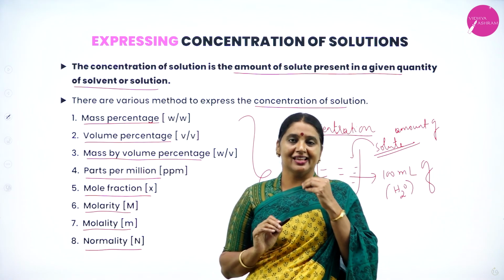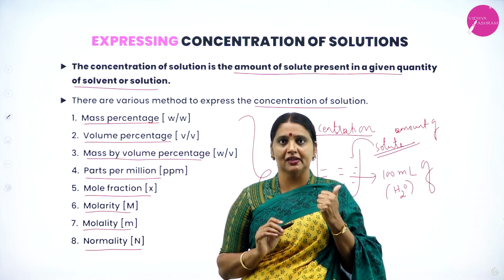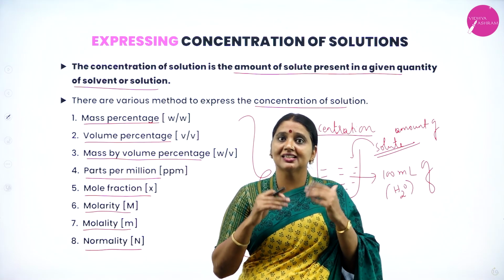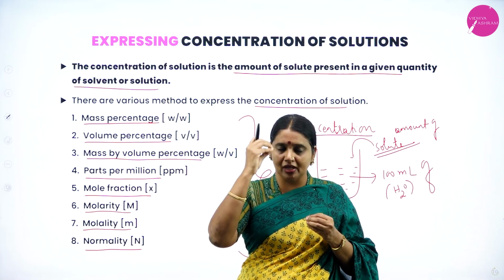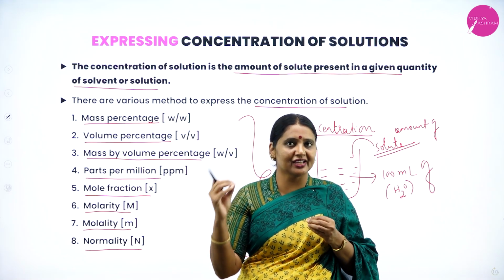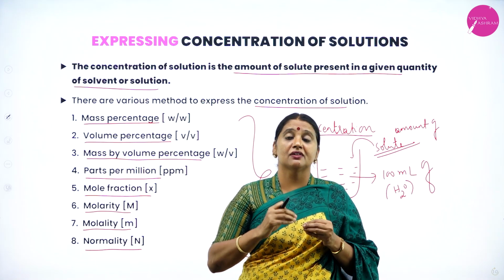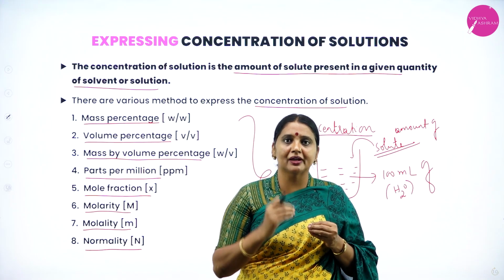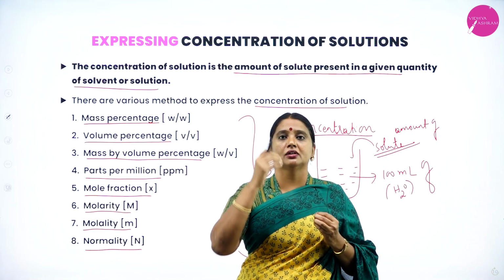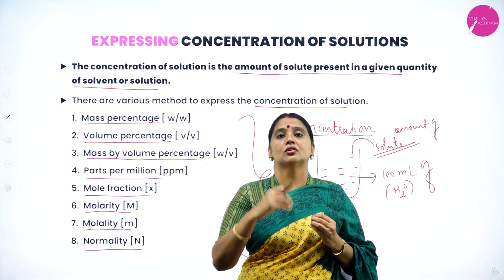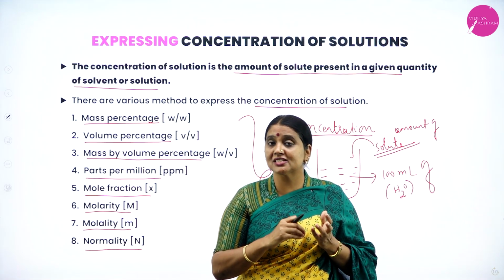Sometimes, for example, the SI unit of mass is kg. Is it possible to express everything in kg? No. For example, if I need mercury, I am not going to buy it in kg, but in milligrams. If I go to a gold shop, I'll ask for 20 gram of neck chain, or 10 gram of stud, or 20 gram of bangle. It is expressed in gram.